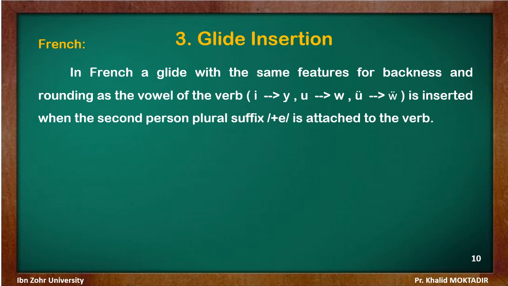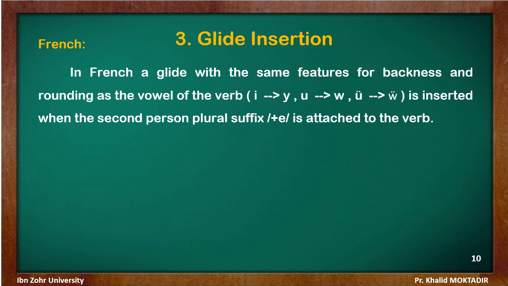For example, look at French, a glide with the same features for backness and rounding as the vowel of the verb. That is, if the vowel of the verb is minus back, minus round, the glide that is going to be inserted has the same features.